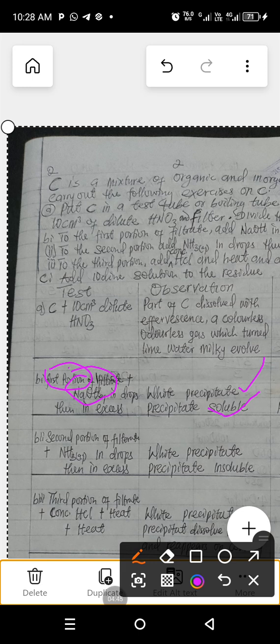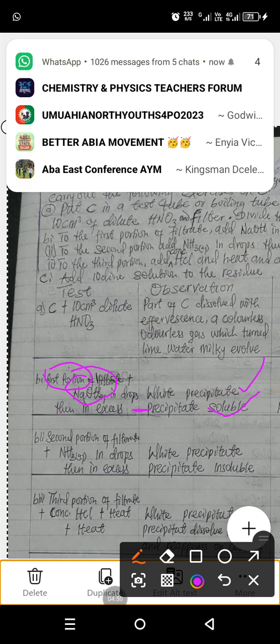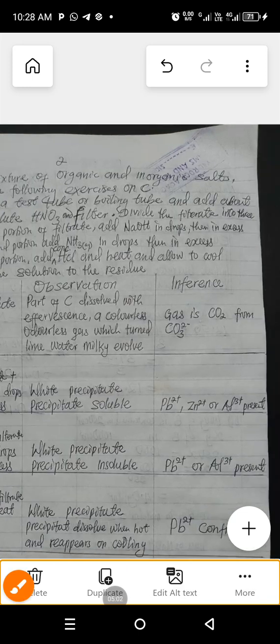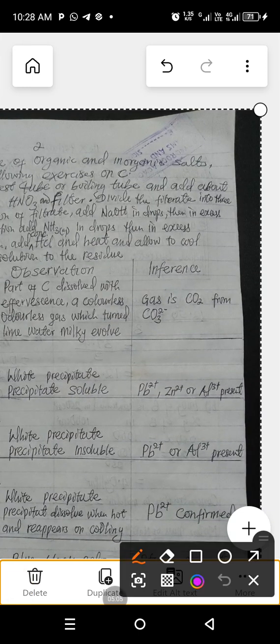Make sure the response is for each one: the observation for excess must be just for excess, and for drops, just for drops. Then what is our inference? Our inference here is that you have Pb²⁺ ion, zinc ion and aluminum ion present, because these 3 ions would dissolve in excess of sodium hydroxide.